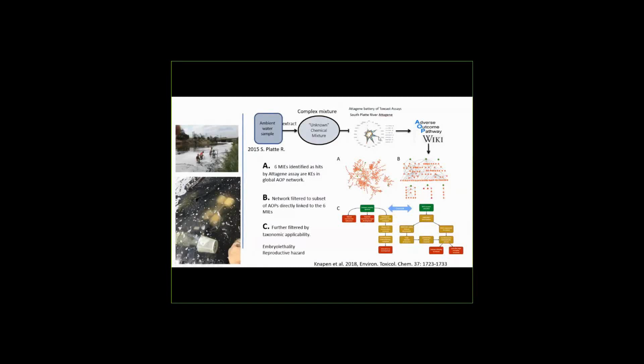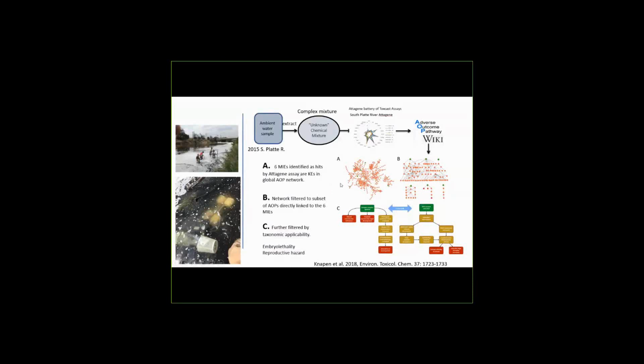We could then look at this profile in terms of the chemical or the biological activities that were associated with that sample, and there were basically 6 molecular initiating events that were identified as being impacted by this complex mixture.